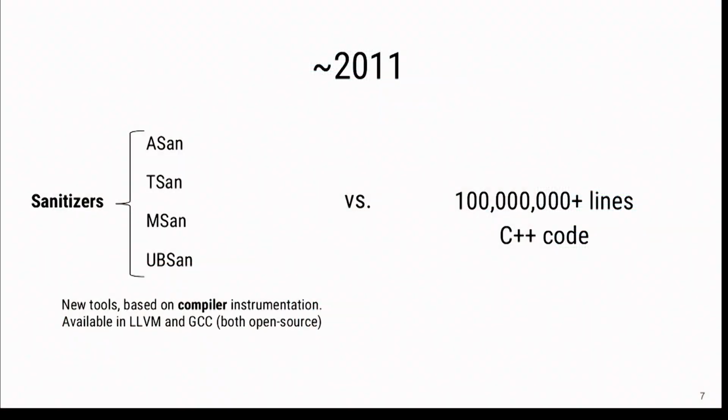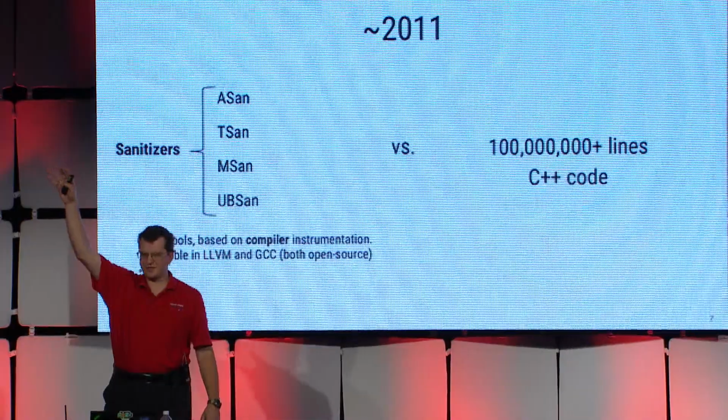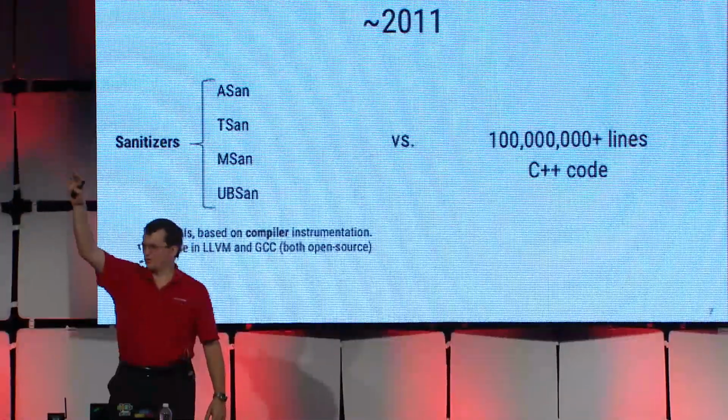So after 4 years of trying to deploy Valgrind wider than it was deployed, we started developing our own tools, and the family of tools we developed we call the Sanitizers. How many of you have heard about the Sanitizers in the C++ context? That's too few. So I hope, well, how many of you have heard about them now?